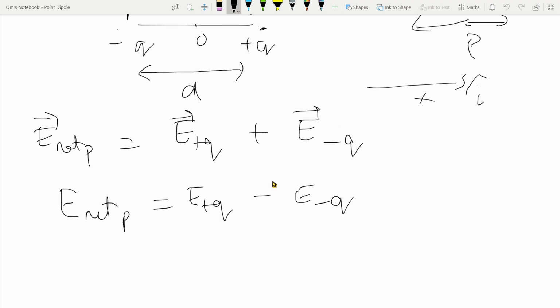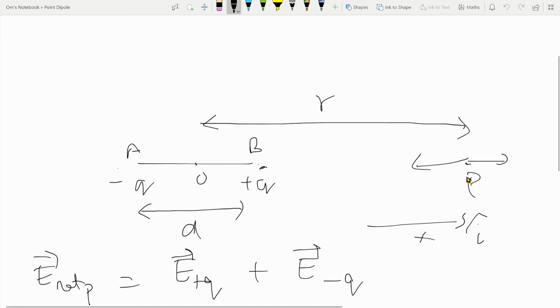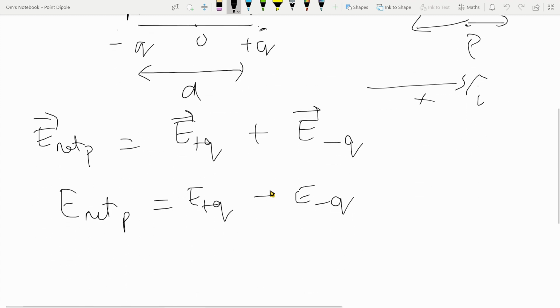So now let's write the expression for the actual electric field due to each of the charges. The magnitudes will not be the same because remember that they are not at the same distance from point P. Charge plus Q is at a distance of r minus d by 2, and charge minus Q is at a distance r plus d by 2. So while the magnitude of the charge is the same, the distance is not the same, so the magnitude of the electric field will also not be the same.